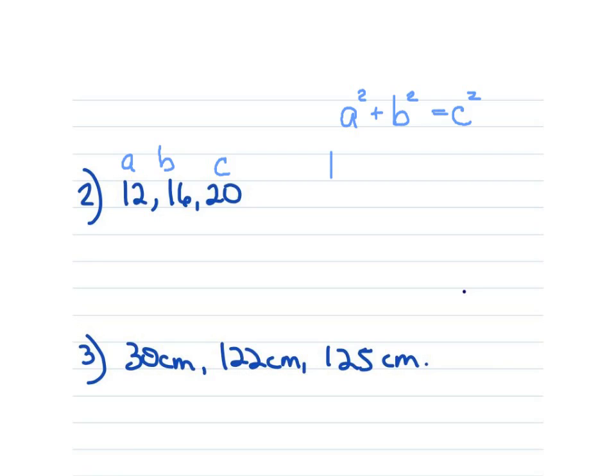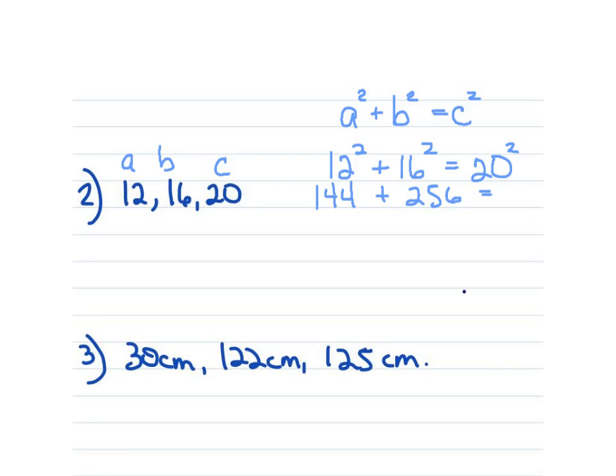Okay? All right, let's substitute into Pythagorean theorem. A squared would be 12 squared. B squared would be 16 squared, and C squared would be 20 squared. All right, let's go ahead and calculate. 12 squared is 144. 16 squared is 256.